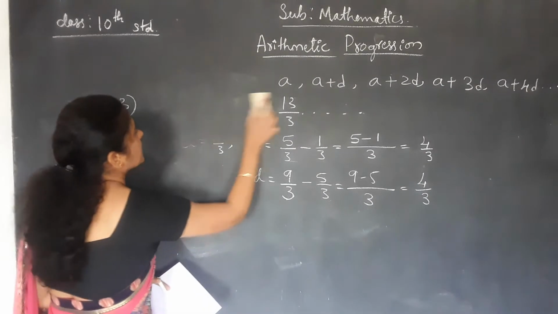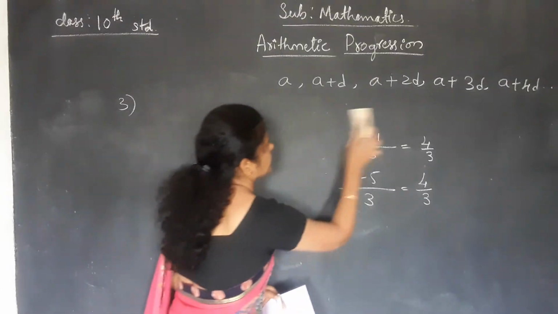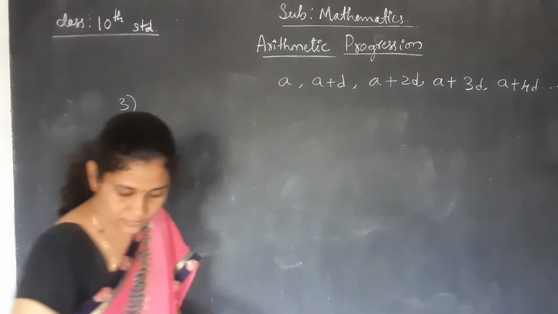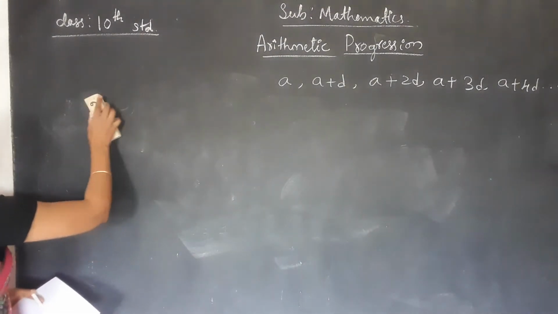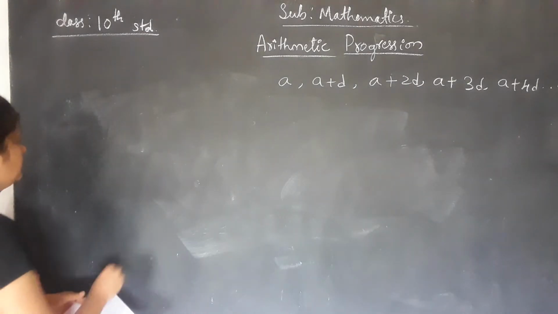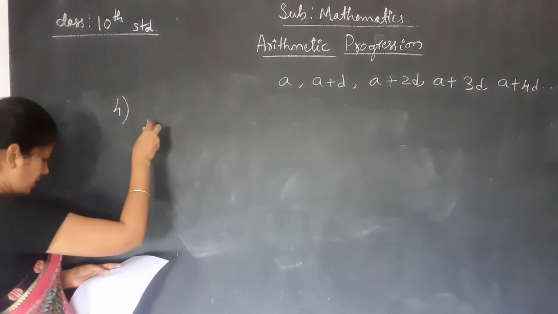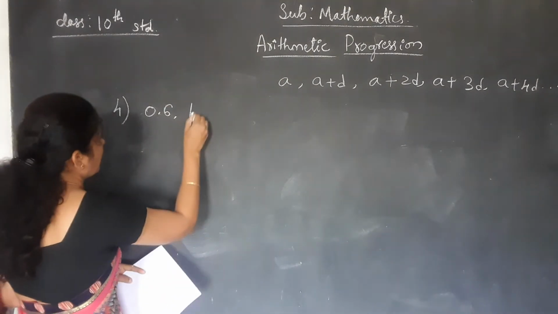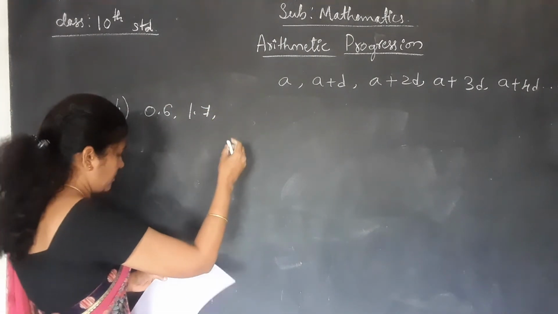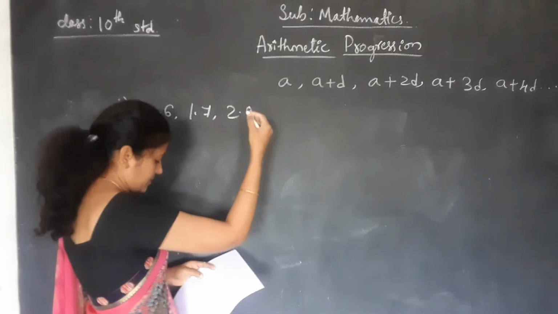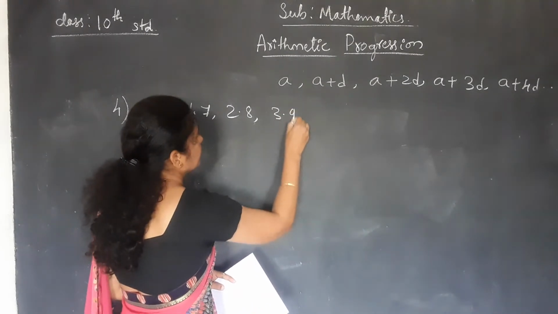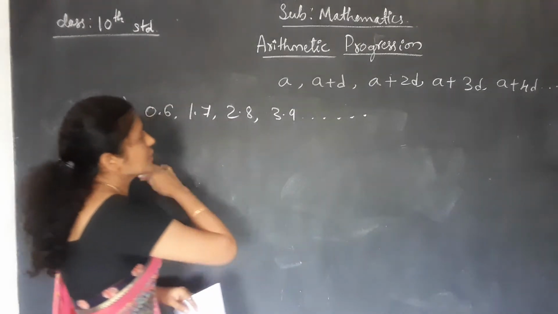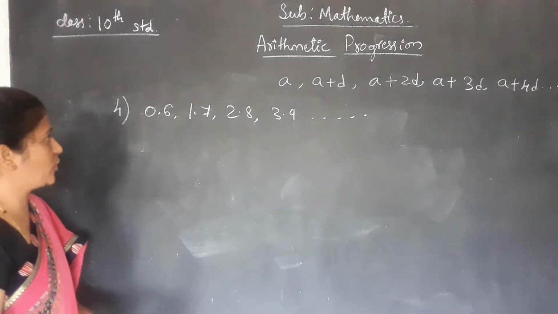Now solve one problem with decimals. 0.6, 1.7, 2.8, 3.9, like this. This is your arithmetic progression.